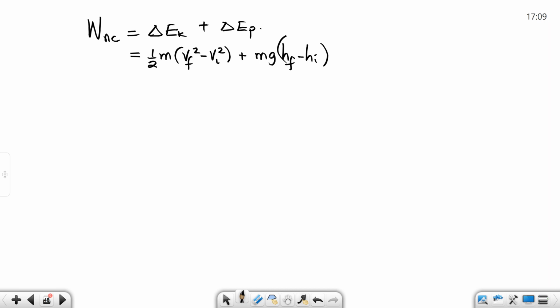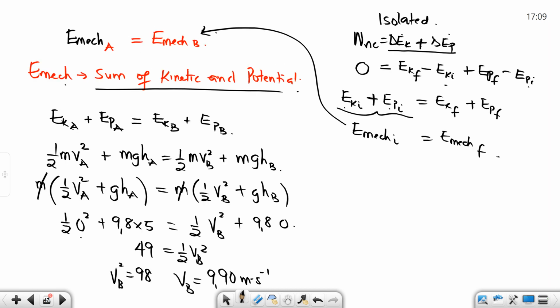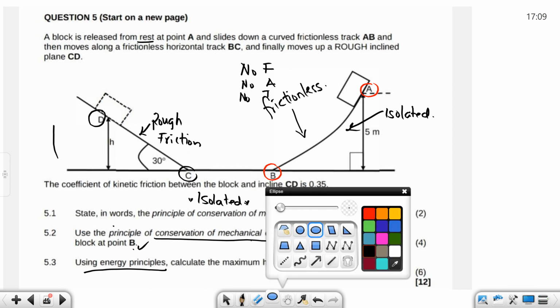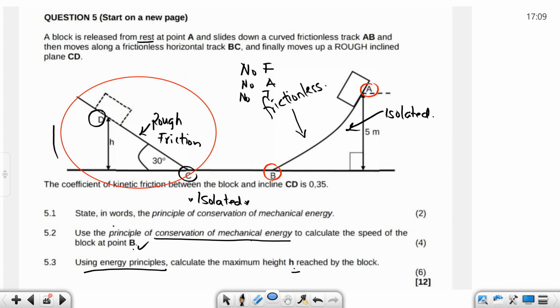But now, we are considering what? Let's quickly check. Sorry, I know you were writing. Height H. Where is H? It is between C and D. What non-conservative force is working here? We said friction, applied, and tension. Which one do we have here? It's friction. How do we know there's friction? They said it's a rough surface.